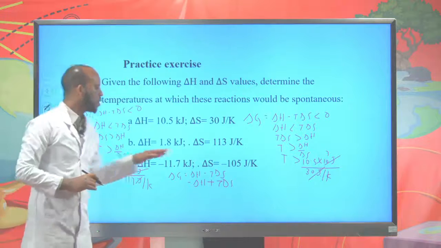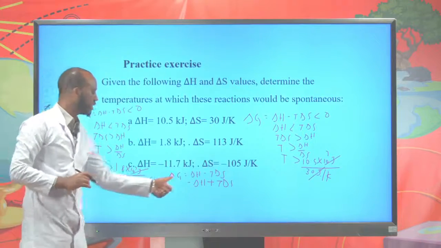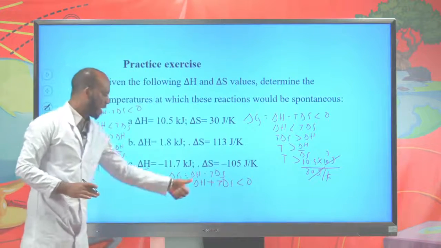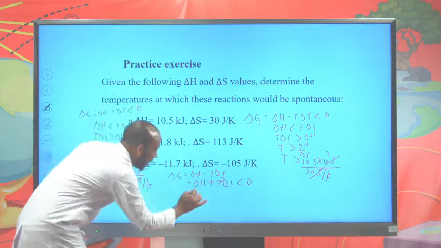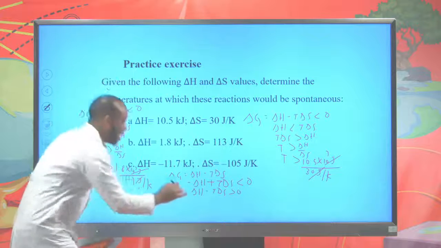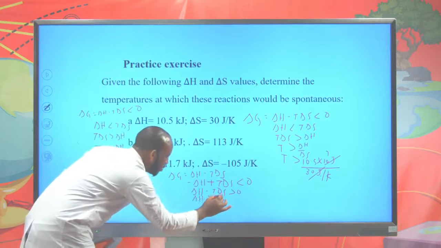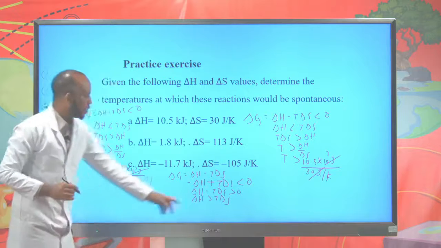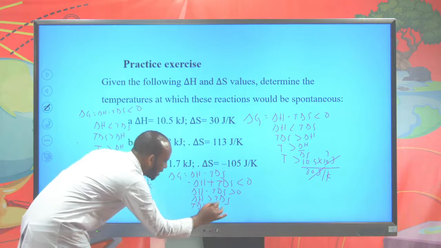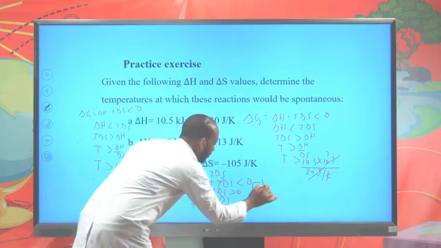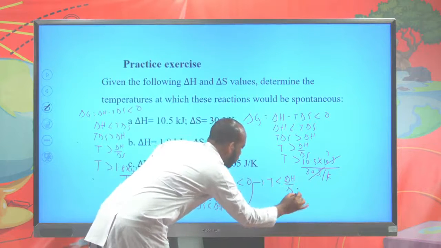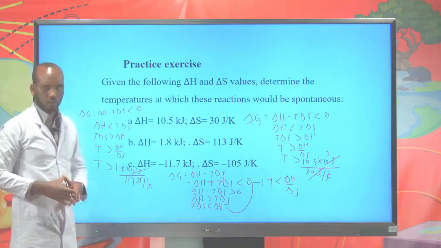For this reaction to be spontaneous, the Gibbs free energy change, delta G, must be less than 0. Multiply both sides by negative 1. We can write this as delta H minus T times delta S is greater than 0. Delta H is greater than T times delta S, or T times delta S is less than delta H. Therefore, for T less than delta H divided by delta S, this reaction would be spontaneous.